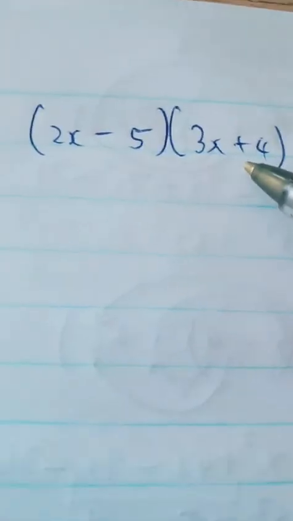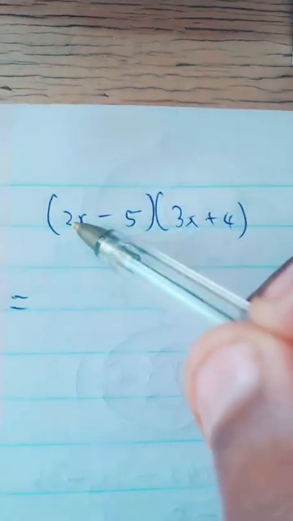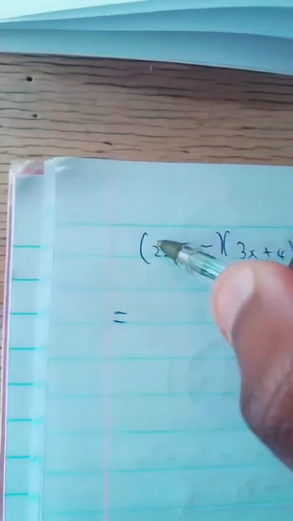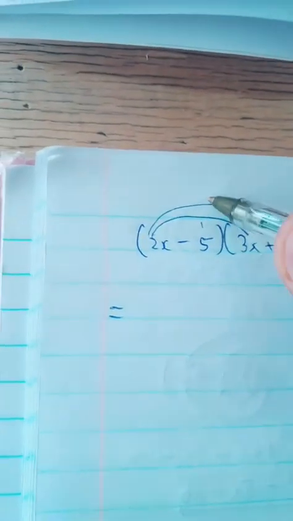All right, here we are. 2x minus 5 times 3x plus 4. Here's another nice example. So we can move along here. 2x times 3x. Once again, FOIL: first, outer, inner, last. First, one, outer.